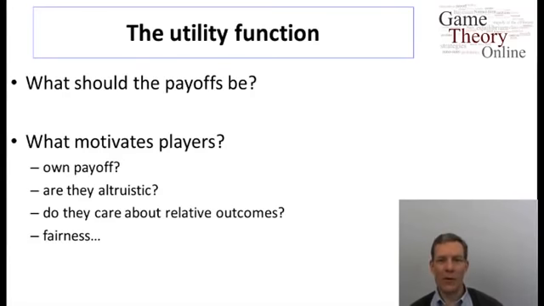Do they care about fairness? Do they care that they get as much as somebody else does in the game, or they're as successful as somebody else? So all of these kinds of things can enter into people's considerations in terms of how they evaluate actions. And to the extent that these things do, we want to make sure that we've represented those properly in the payoff function, and that the payoff function is capturing exactly what is motivating the players in terms of choosing their actions.